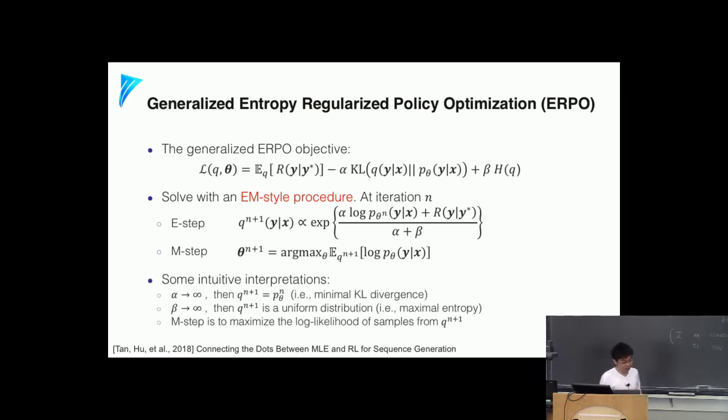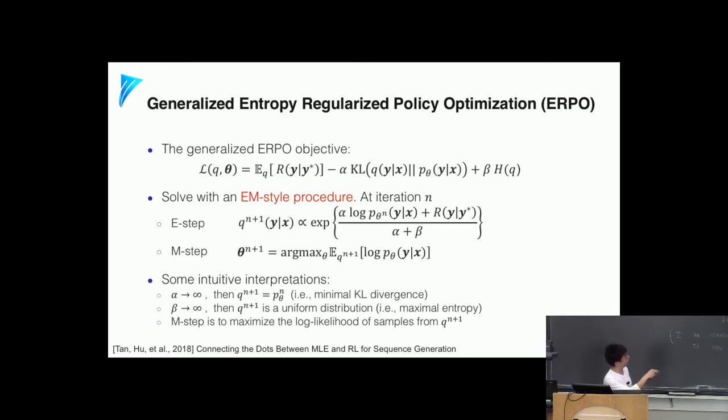Let's see some intuitive interpretation of this algorithm. Say we assume alpha is very large, going to infinity. Then we can see from this E step that because alpha is very large, we can ignore this reward function and ignore this beta. Then this distribution is basically exponential of log p theta, which is p theta.